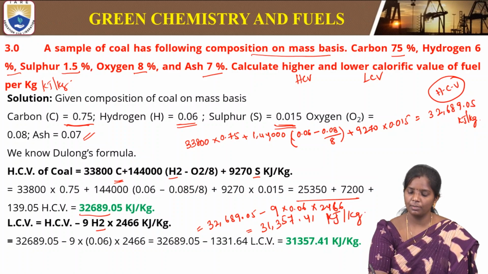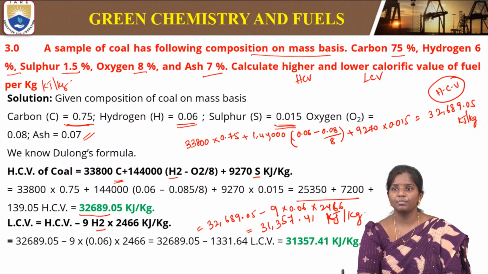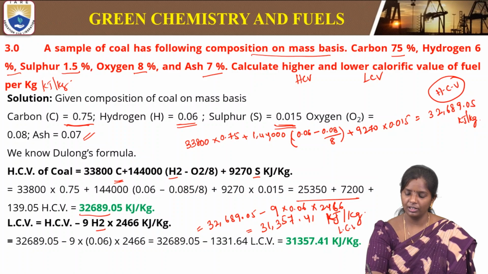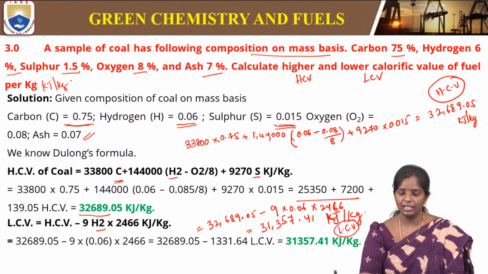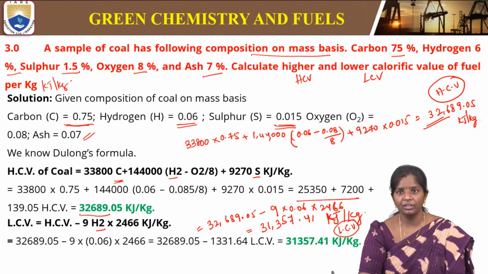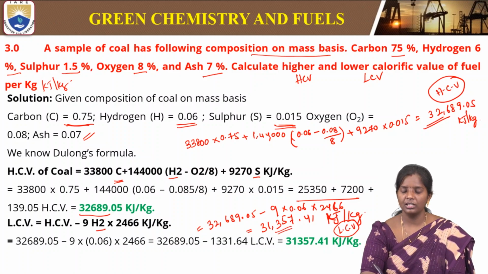The K is also capital because it is kilojoules per kg. So this is the LCV value. Whenever there is some confusion, you have to take care of the values, because HCV is always higher, so it will have the high value, and LCV is lower and will have lower values.